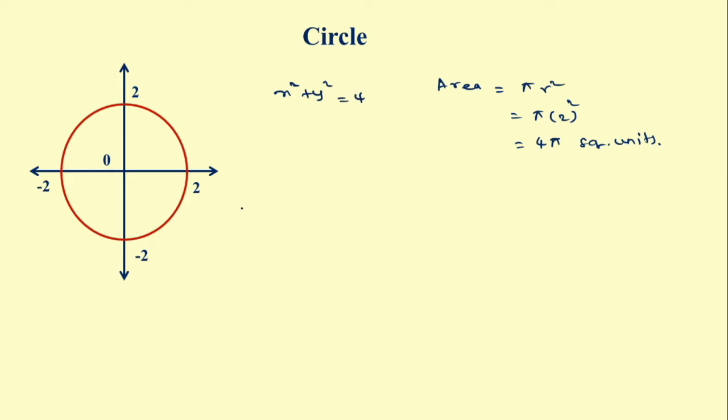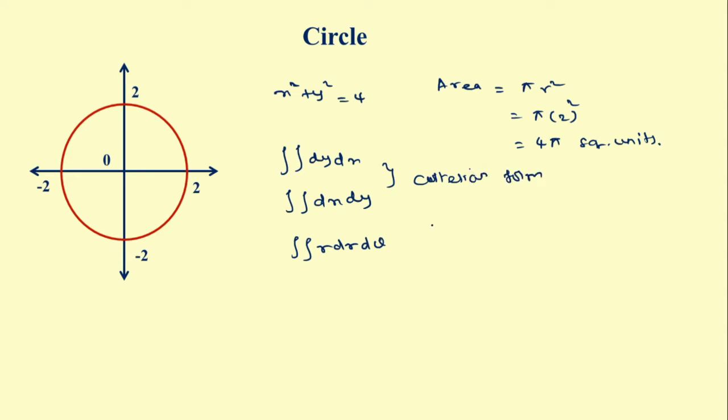Here the area of the region is calculated by 3 ways. One is double integral dy dx and double integral dx dy. Also double integral r dr d theta. The first two stand for using x and y, that is Cartesian form. The third one is using r and theta, that is polar form.